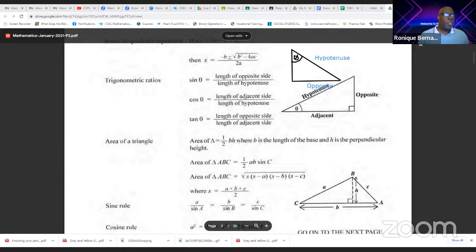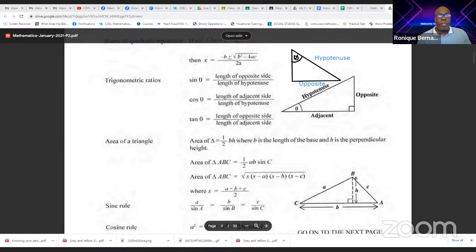Let me bring it up some more. This is the line opposite to it. So you look for the angle that the question is referring to, and then you look for the line opposite to it.